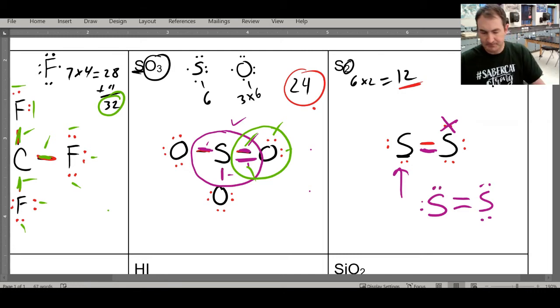That doesn't really matter. What does matter is you didn't do anything like this, where we have one there and one there, or one there and one there. That's not okay. We can't have individual electrons. When atoms come together and form covalent bonds, all of the electrons are going to end up being paired up.